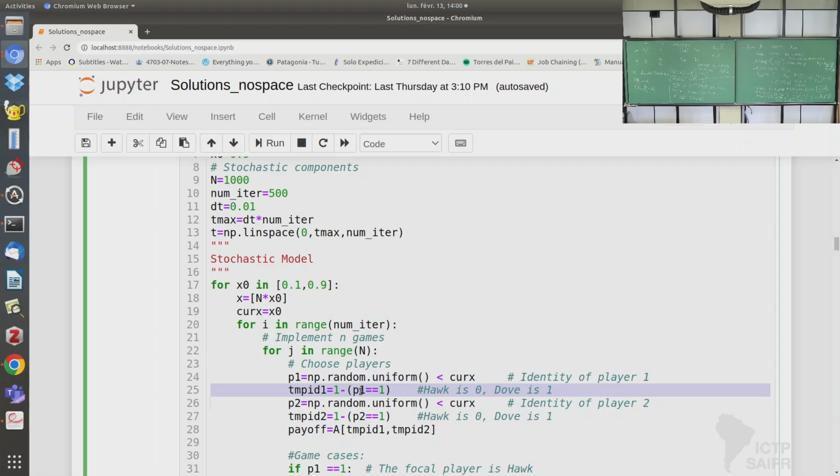I have a question. There's a probability that an event won't happen, which is when I draw a dove and a hawk.